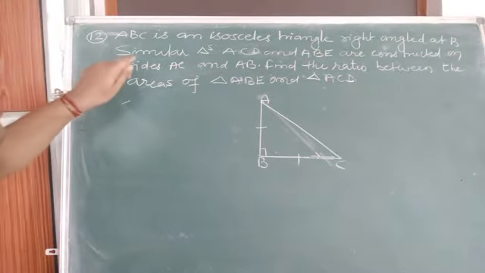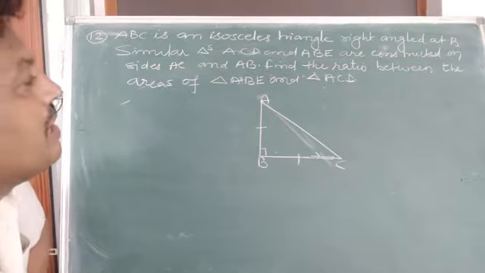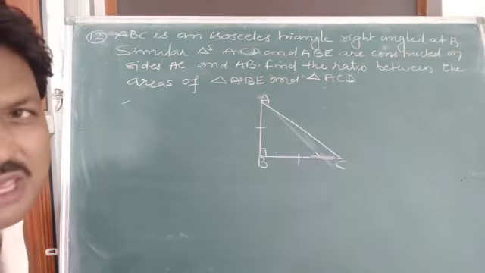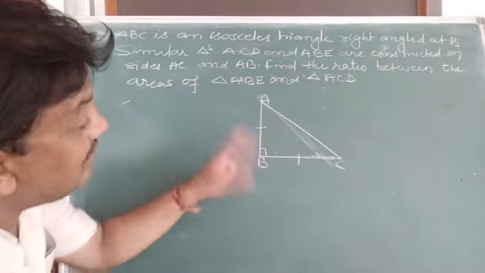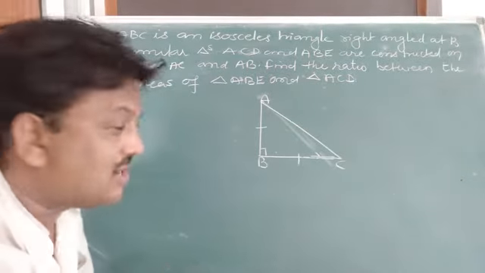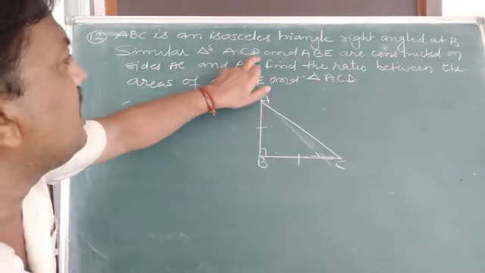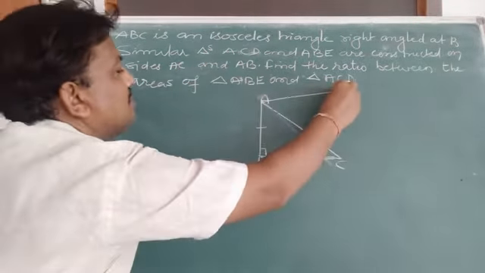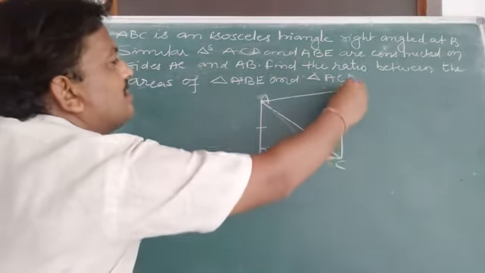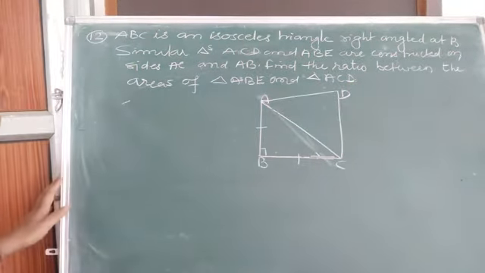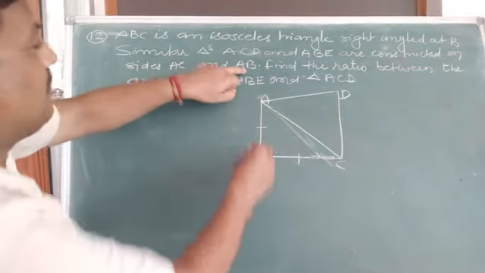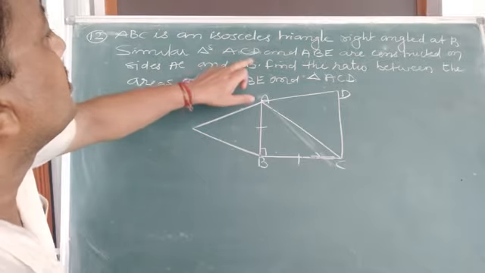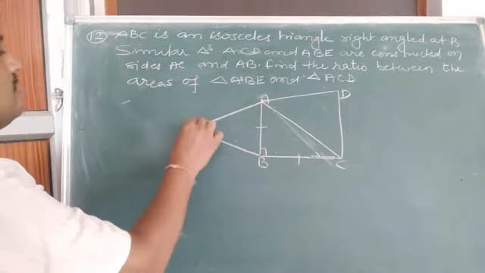Similar triangles ACD and ABE are constructed on sides AC and AB. Means on its sides some triangles are constructed. On side AC, a triangle ACD is constructed, and on side AB one more triangle is constructed, that is ABE.